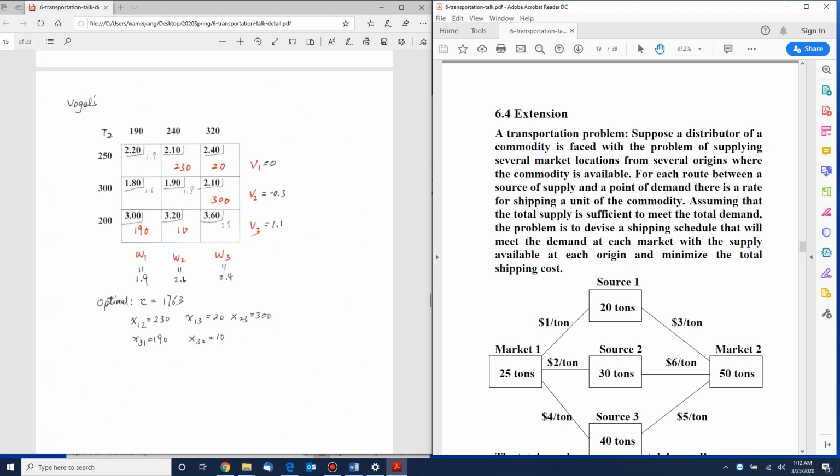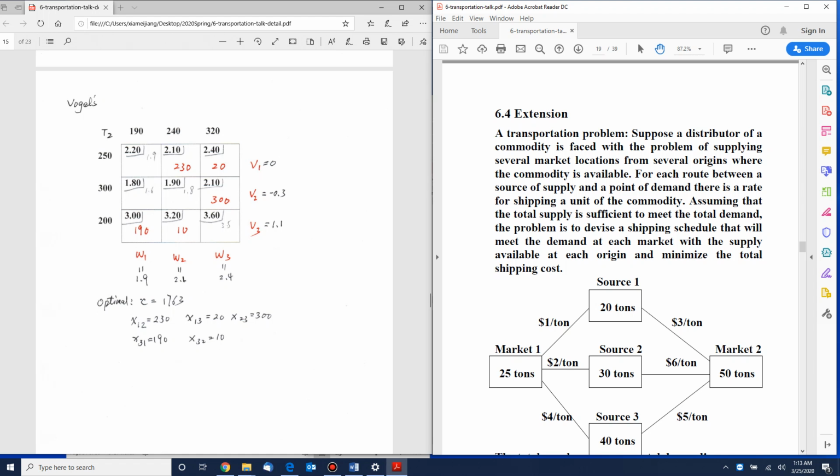And what do we need? Market 1 needs 25 tons, market 2 needs 50 tons, and in this way you could find out the demand is only 75 tons. So we have 90 tons for the supply, and what we need, the demand, is 75.